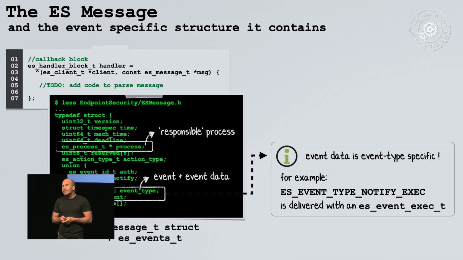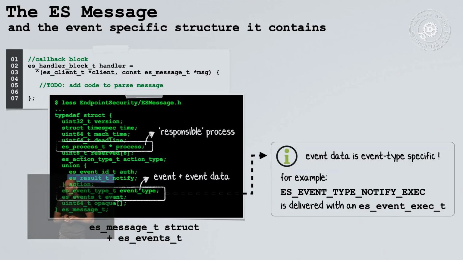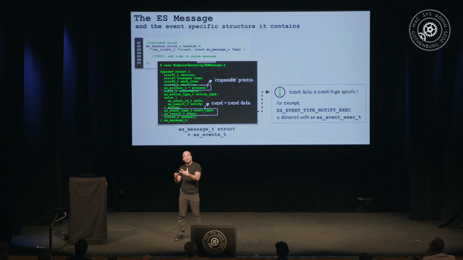We also have the event. This is important because you often use the same handler block for multiple events. So this tells you which event type has been delivered to you. And then there's also going to be event type specific data. So obviously, if it's a process event, there's going to be information about the newly spawned process. If it's a file event, it's going to be information such as the path to the file that was created.